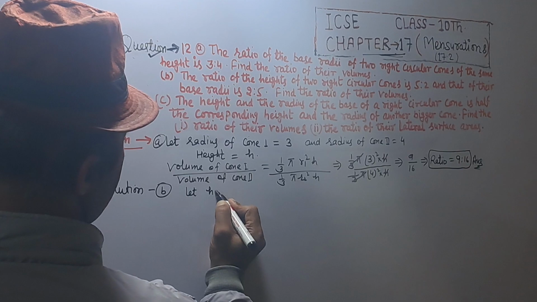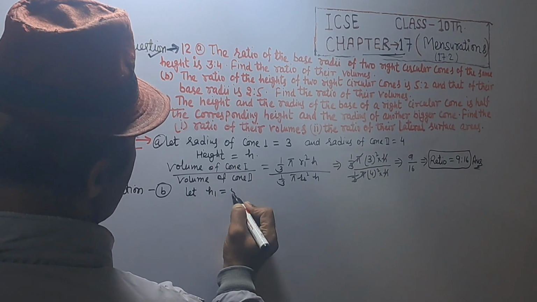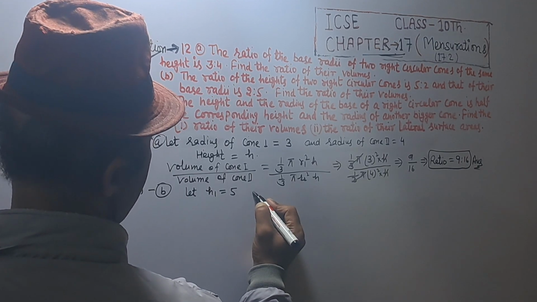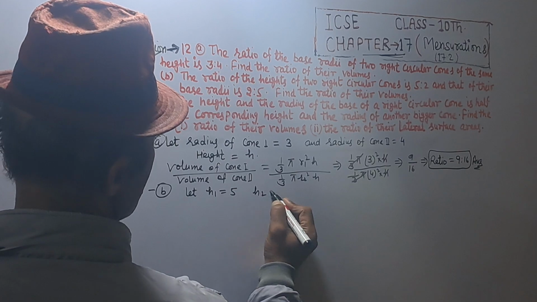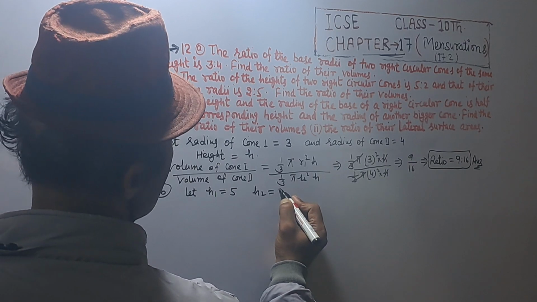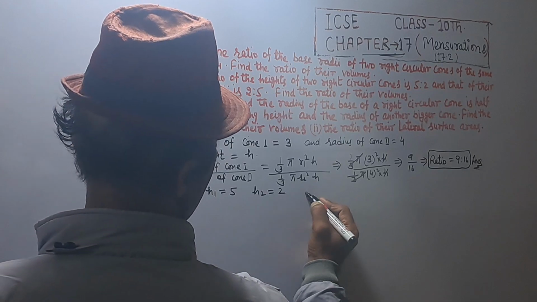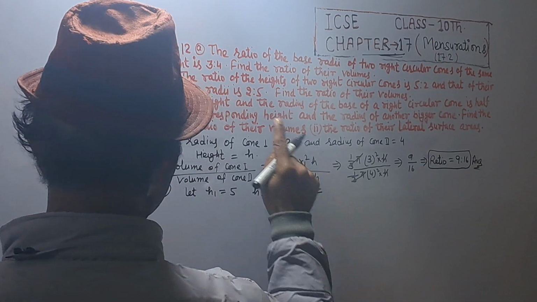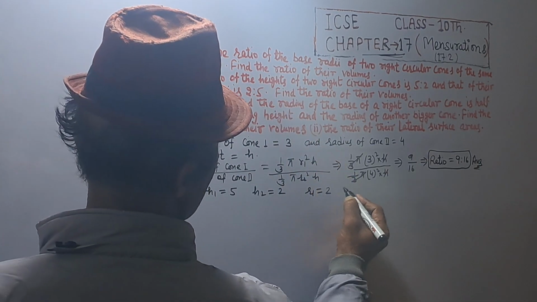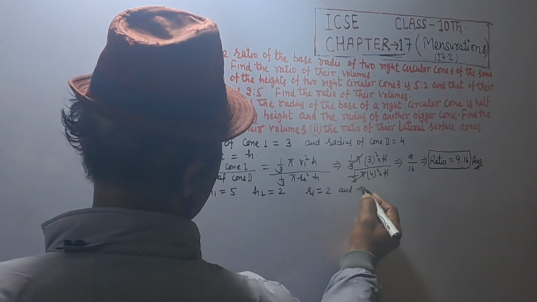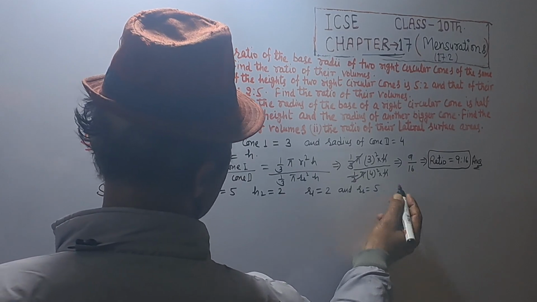Let h1 is equal to 5 and h2 is equal to 2. R1 is equal to 2 and R2 is equal to 5.